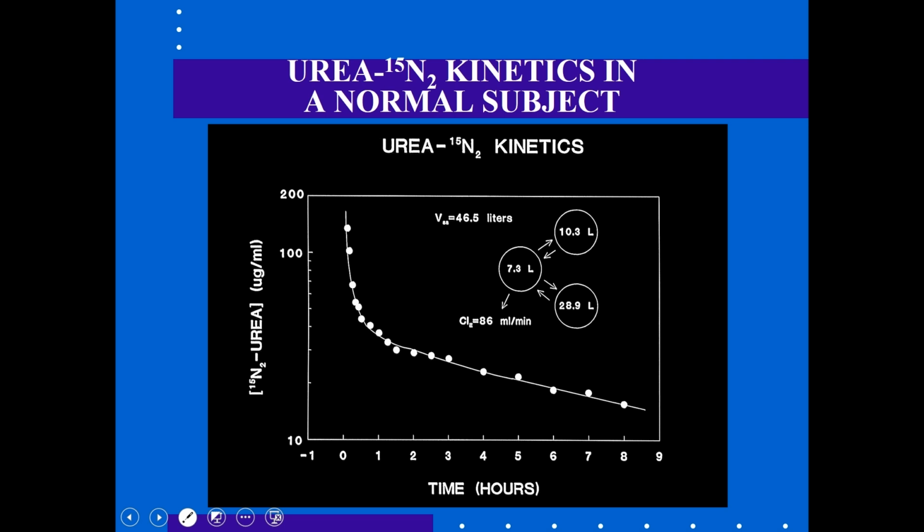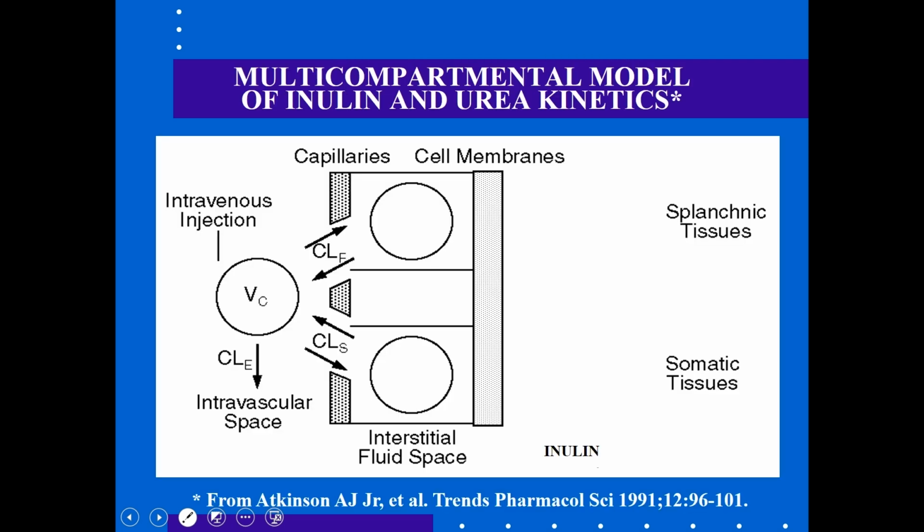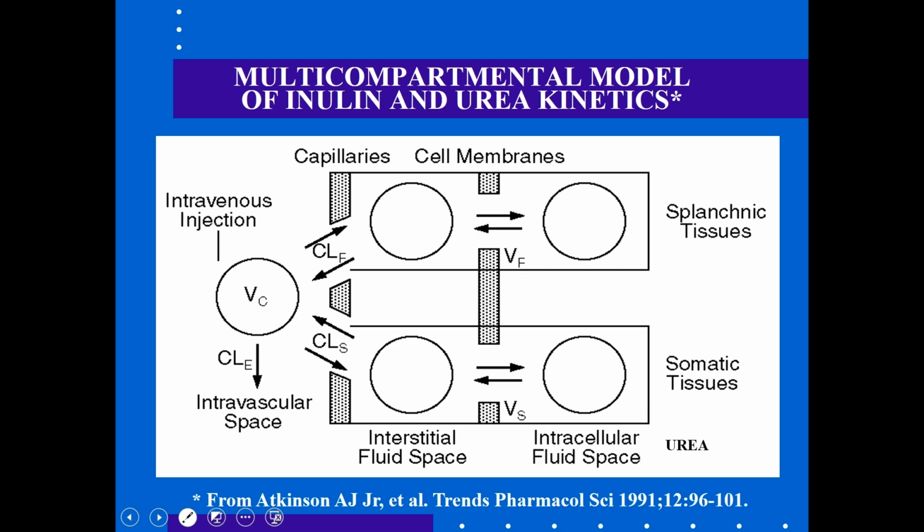Urea also can be described with a 3-compartment model. And the central compartment, again, if the urea is given rapidly intravenously, is intravascular space. So let's look now at a revised model of physiologic spaces. We have kinetic heterogeneity for the extracellular fluid space, and that also affects urea distribution into total body water.